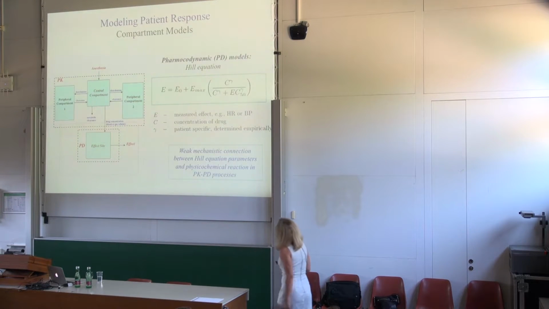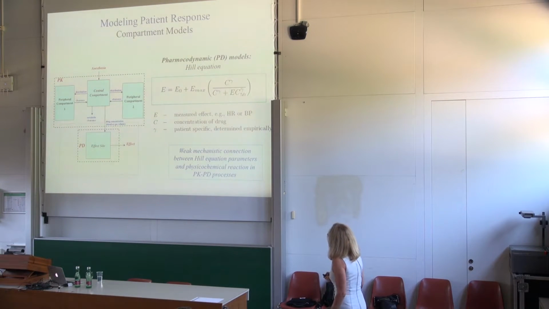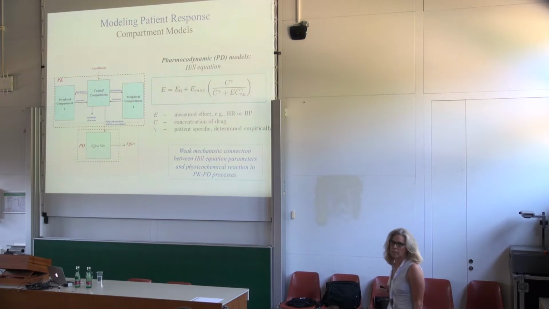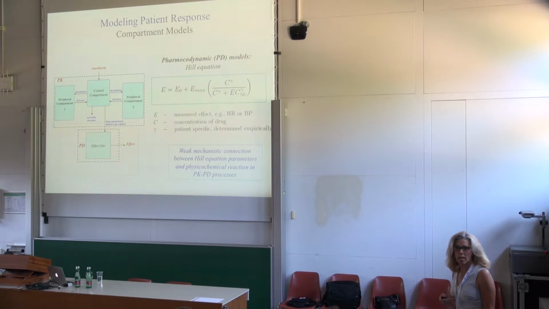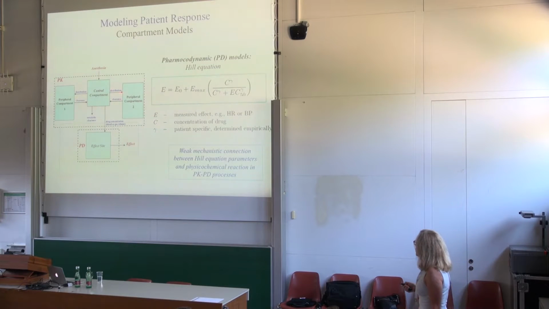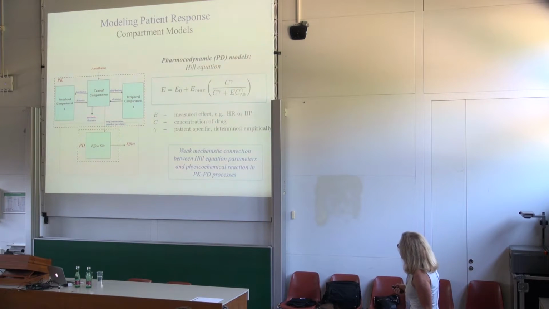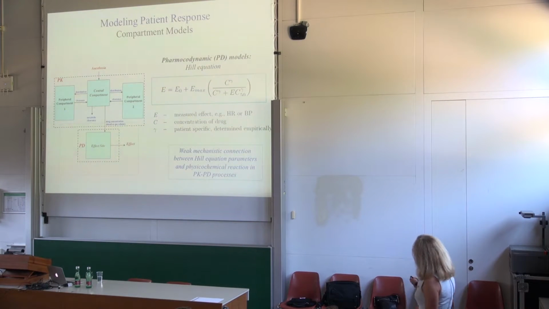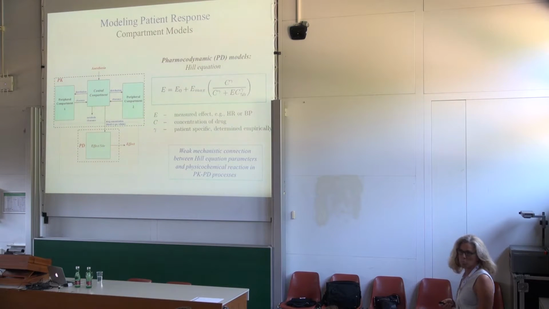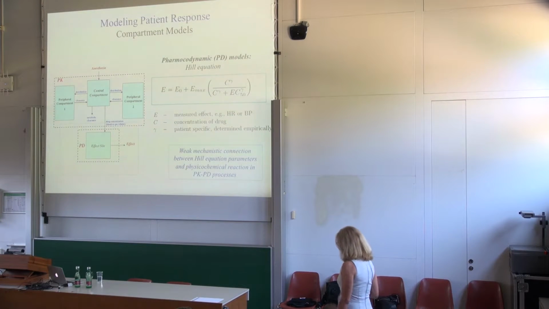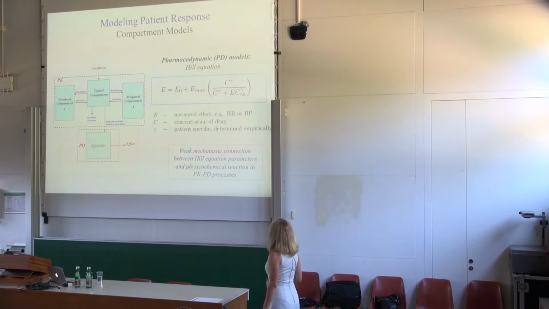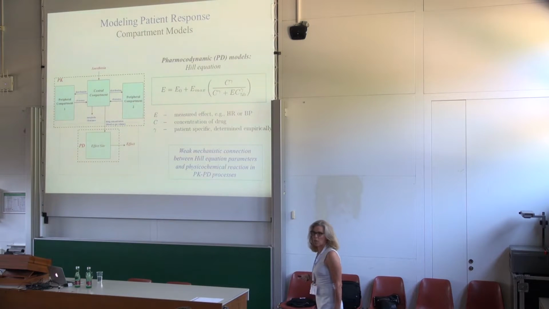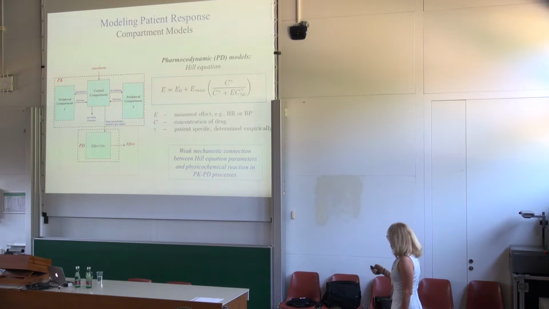The pharmacodynamic models are typically nonlinear, static nonlinearities. As I said, they're really trying to capture the drug concentration to effect relationship. And this is a classic form. They're typically sigmoidal. You may recognize this as the Hill equation. Originally, there was some argument made for using these Hill equation models from a physiological perspective.